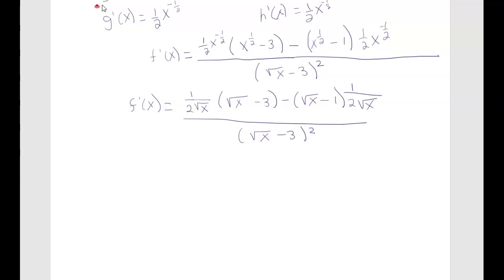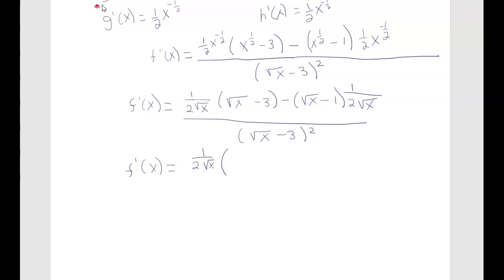And we can do a little more to make it look a little better. Actually factor out 1/2 square root of x. See, that helps us out here.